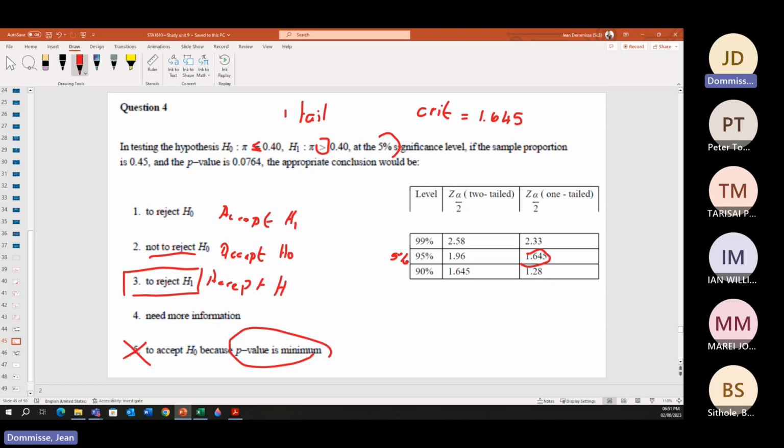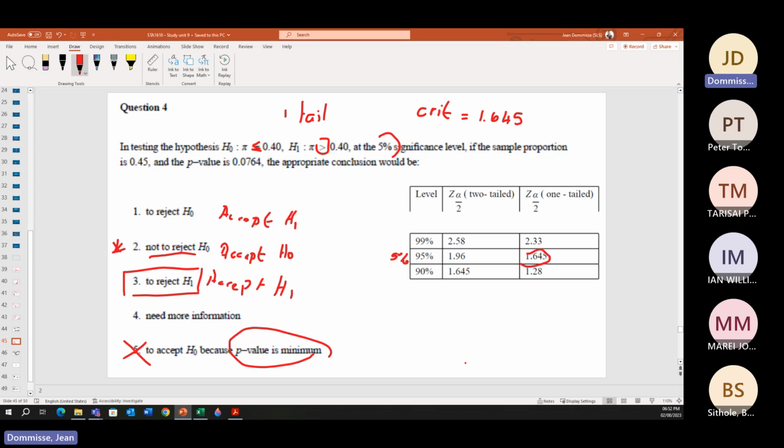So to reject the null is actually to accept the alternative. Okay, so then basically, because you can't have two that are the same, that would be my answer.